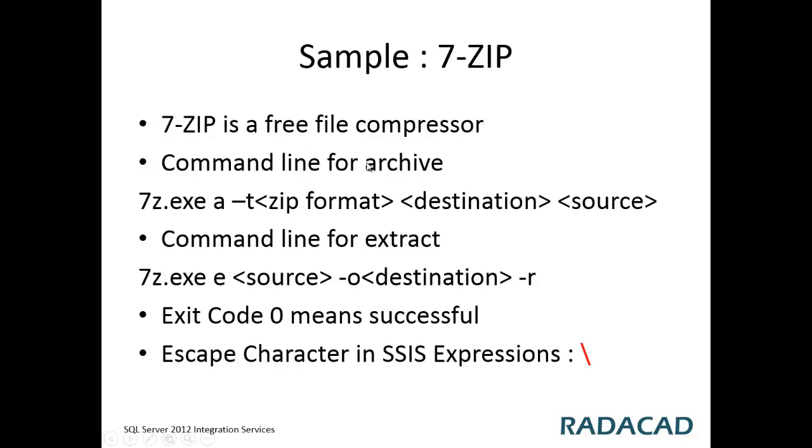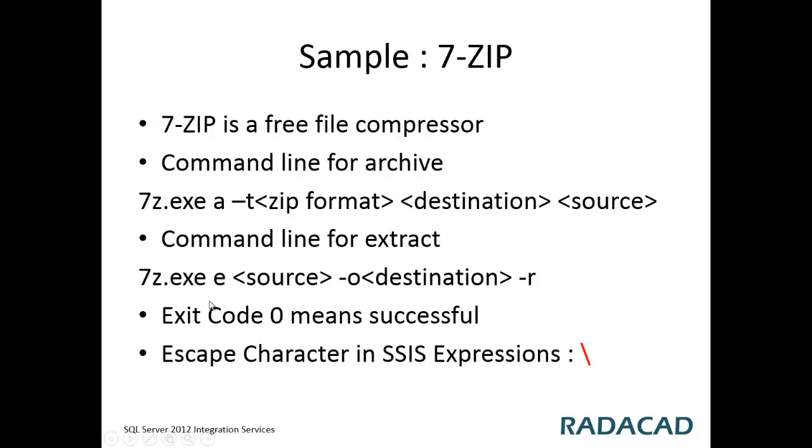And this is a sample command line for archiving: 7z, and a command, -t zip format, for example zip or 7z or rar or something like that, destination and source, and a command line for extract as well, and exit code of 7zip 0 means that this was successful.